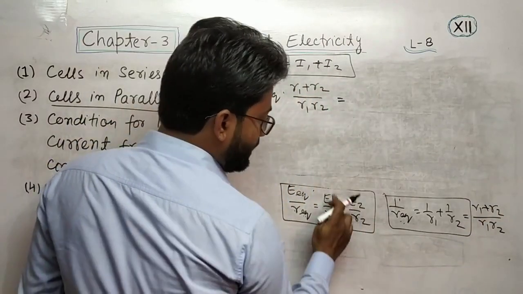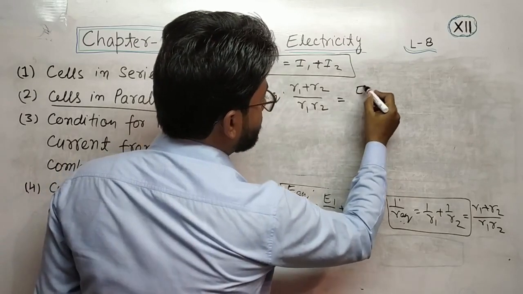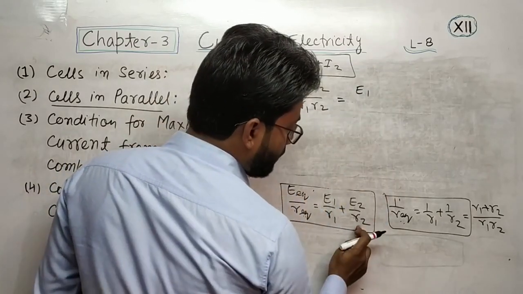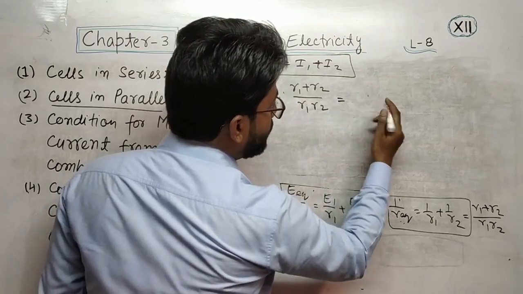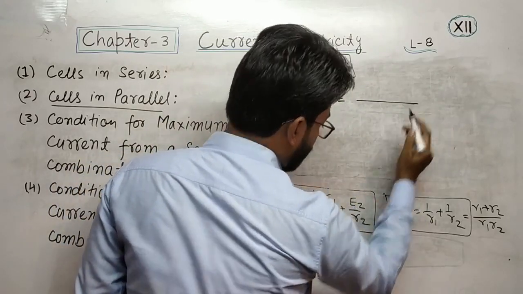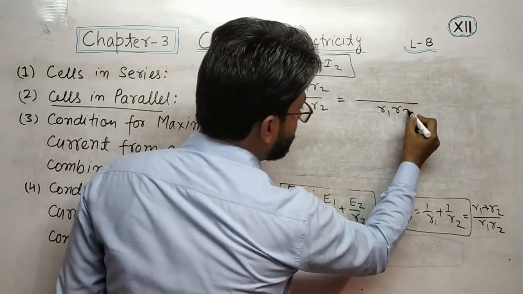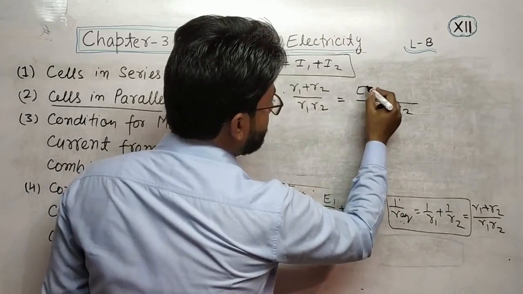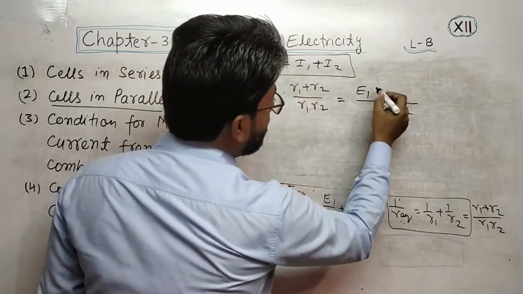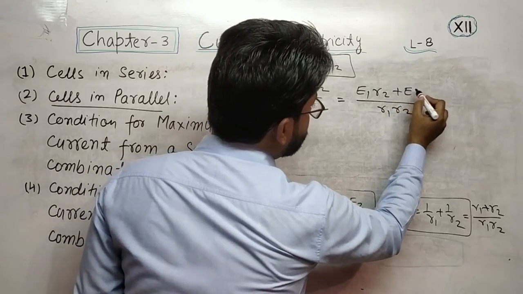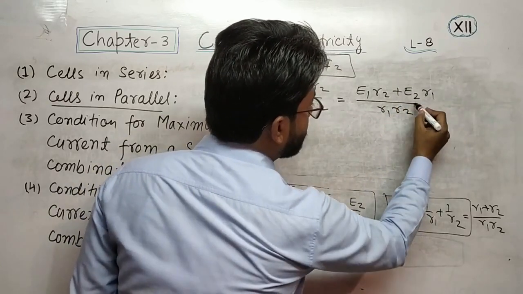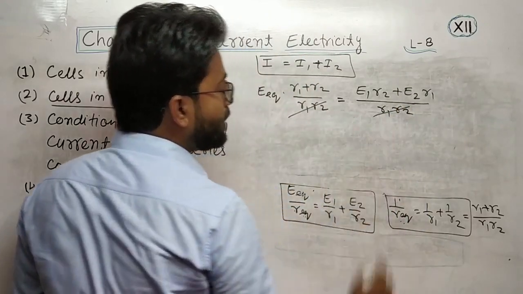Then E1 upon R1 plus E2 upon R2, you can take LCM R1 R2, and this will be equal to E1 R2 plus E2 R1. You can cancel out R1 R2.